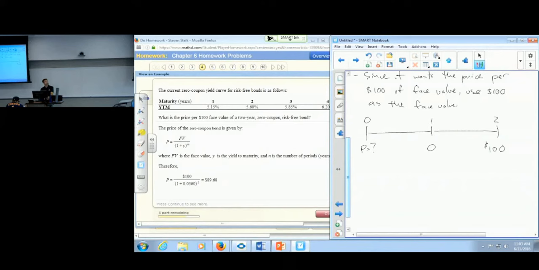Okay. And the question is, how much should I be willing to pay for this? Well, all that's really asking is, what is the present value of $100 discounted back to today's dollars using the yield to maturity for a 2-year bond? Right? And that's given to us in the problem as 5.6%.